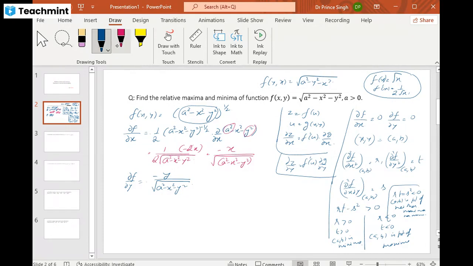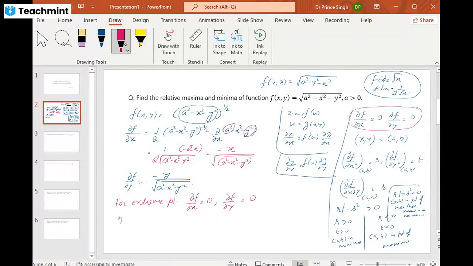So the first step is for the extreme point. For the stationary point, the condition is that the first order derivative should be 0. So for the extreme point, we are using the condition ∂f/∂x = 0 and ∂f/∂y = 0.